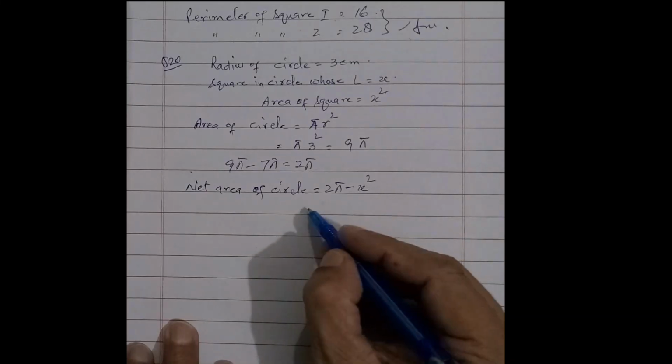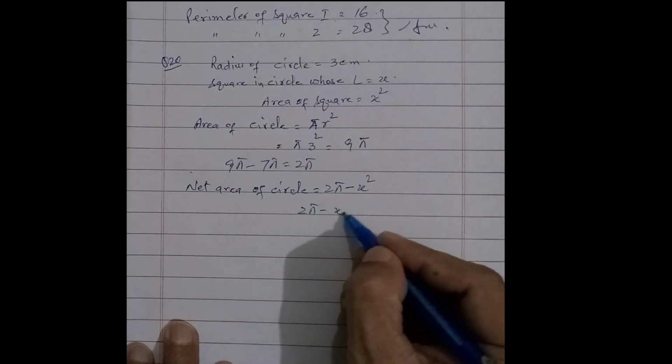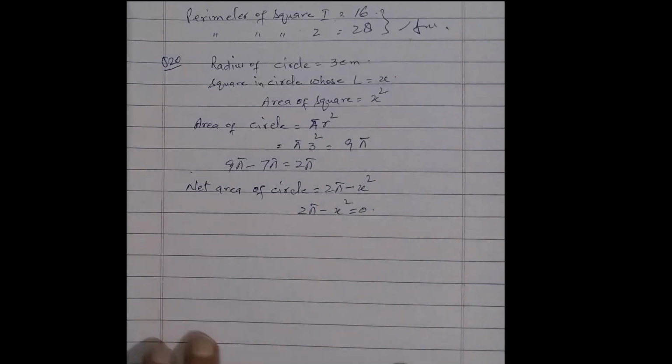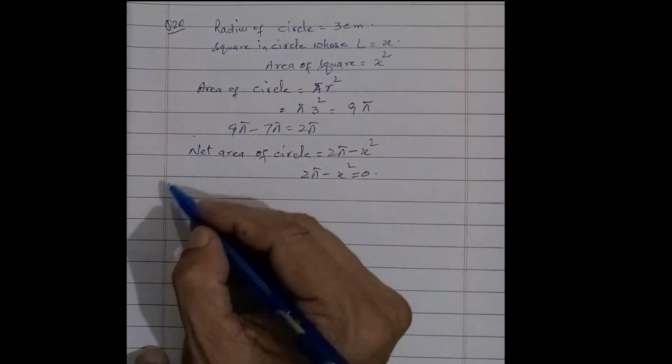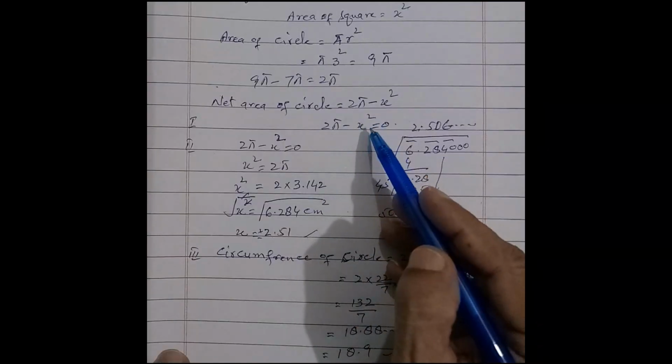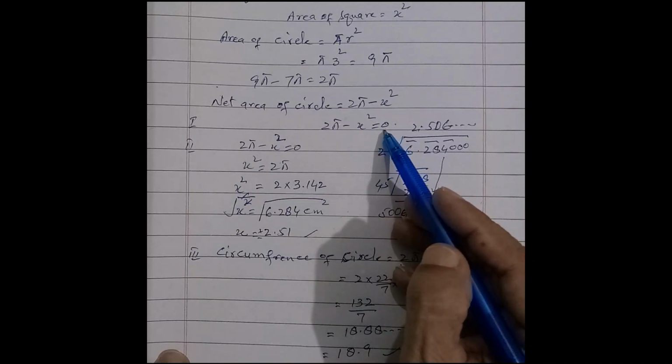We write it 2 pi minus x square is equal to 0. This is the first part: 2 pi minus x square is equal to 0.